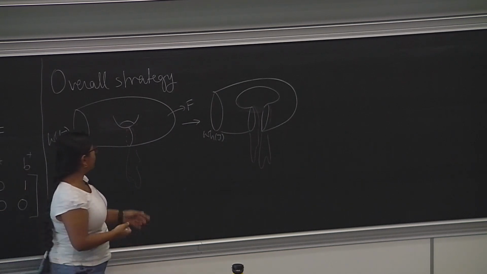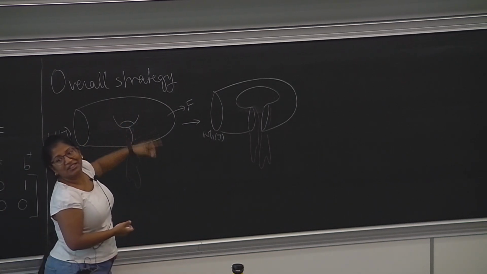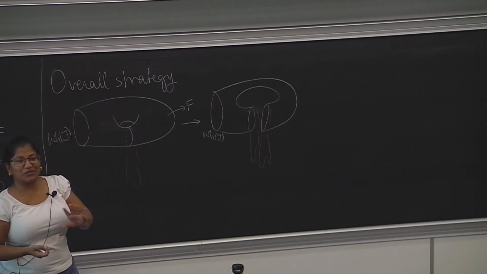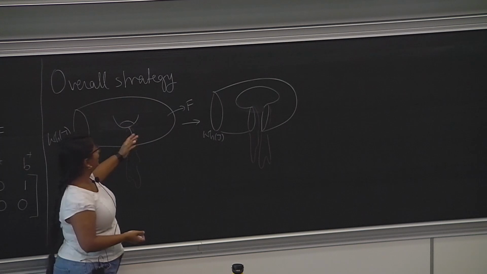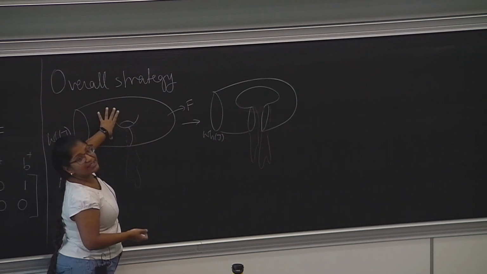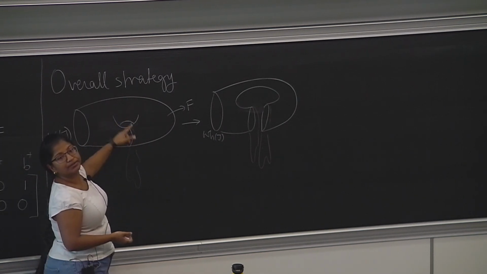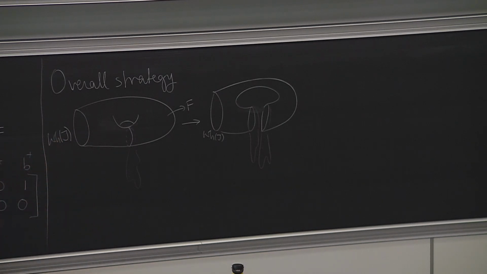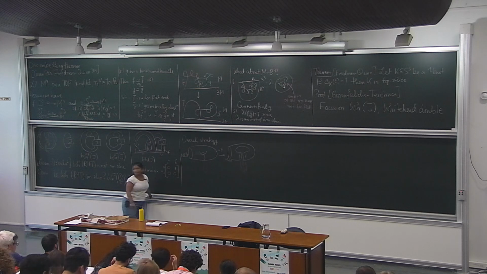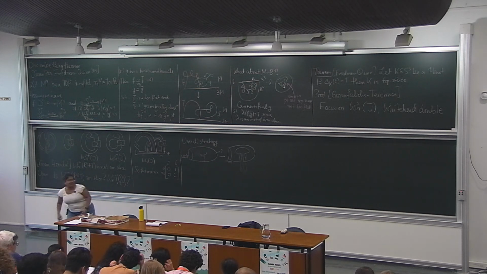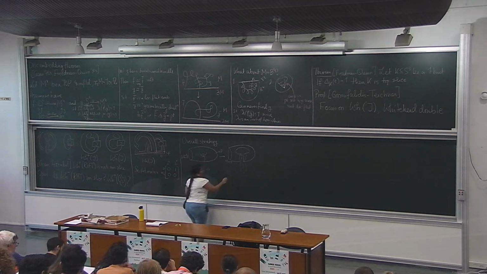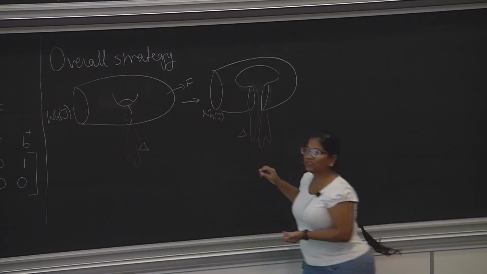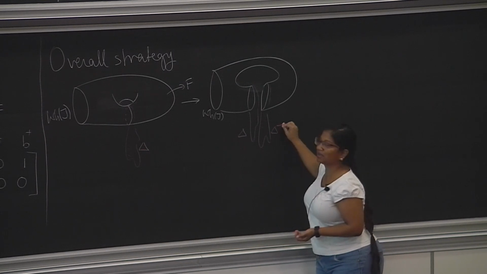This is sometimes called doing surgery, surgery is an overused term, sorry. But you're surgering this surface F along this red circle. That's a term you may have heard of. That's right. So if this were some delta, this would be delta, an overused symbol, delta plus.